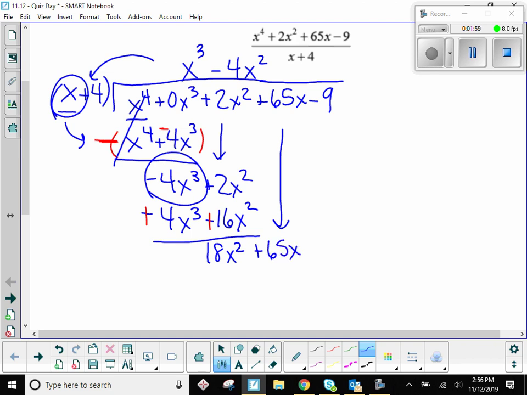And now you're dividing this term by that term. So 18x squared divided by x is 18x. Multiplied by both terms in the divisor, 18x squared plus 72x.